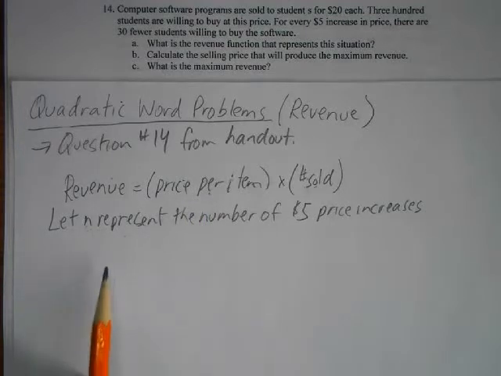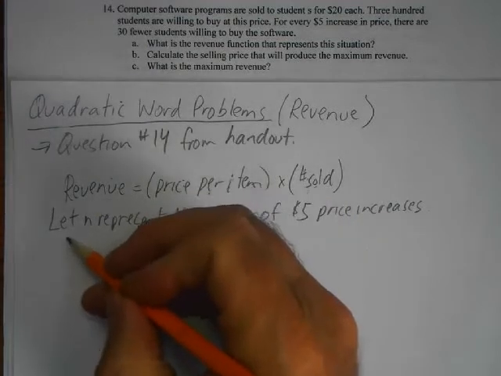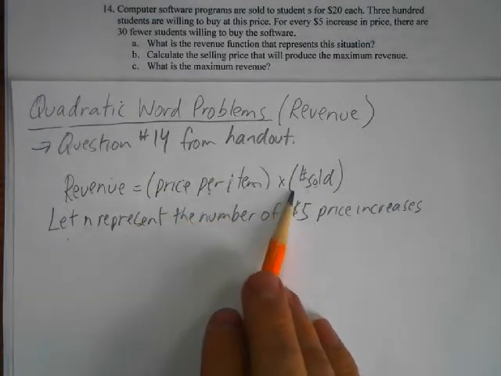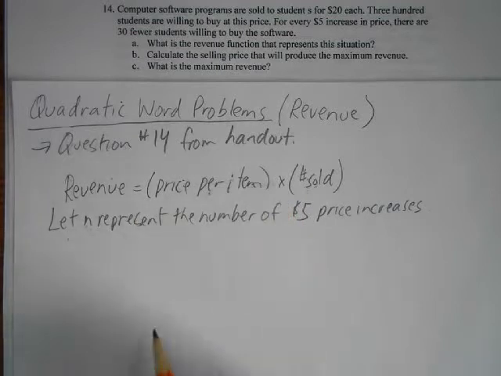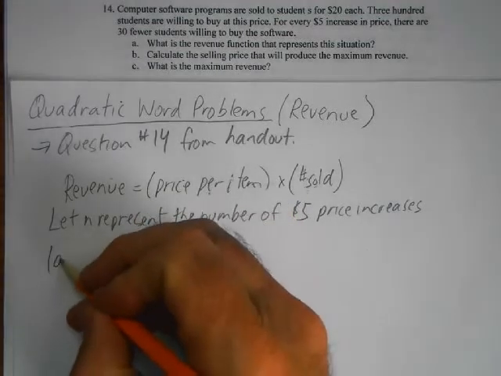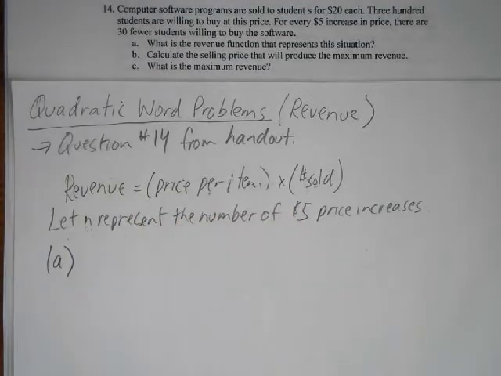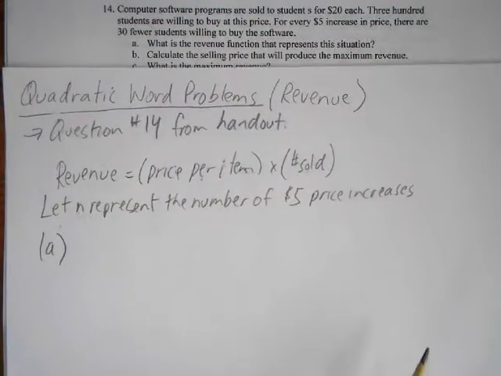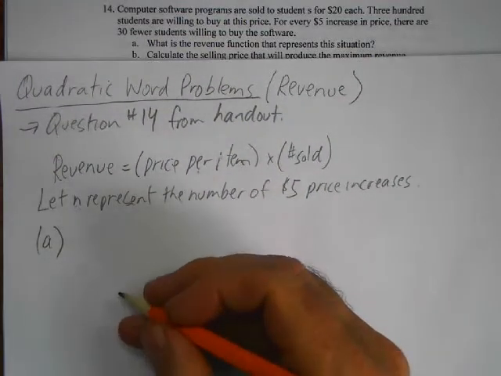So when n's positive, it's the number of times we're increasing the price by $5. Okay, so let's start developing the equation, and we're going to do it right from this revenue equals price per item times number sold. So this is part A. I'm going to come up with the function, or in this case the equation, that represents the situation.